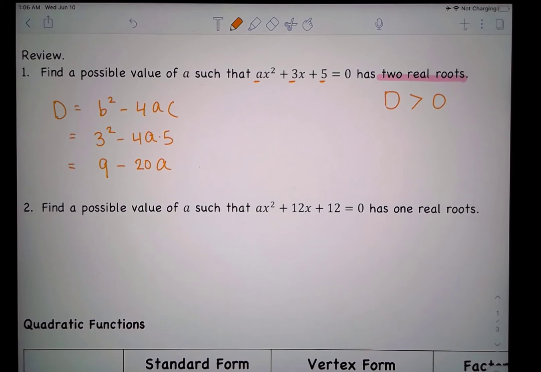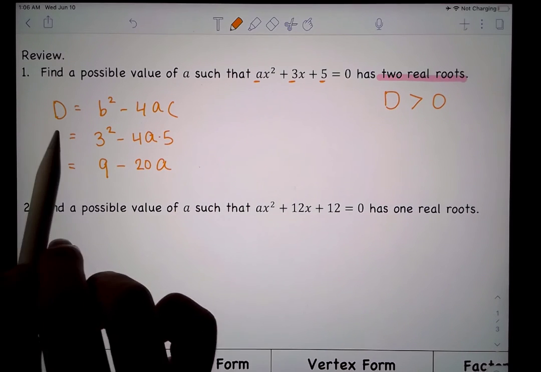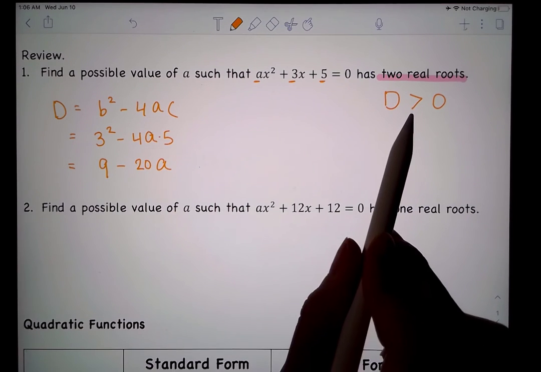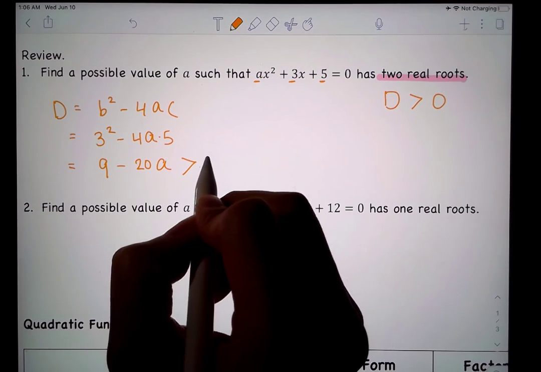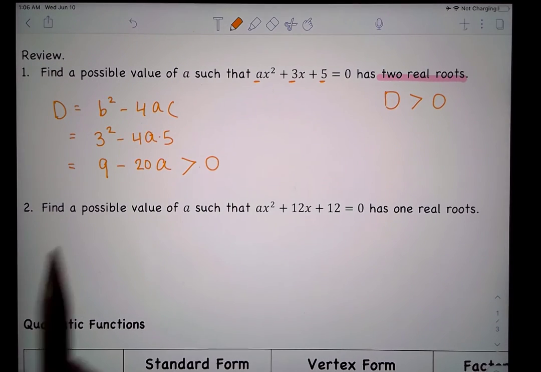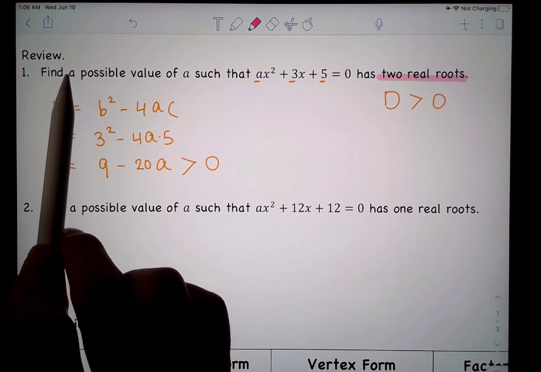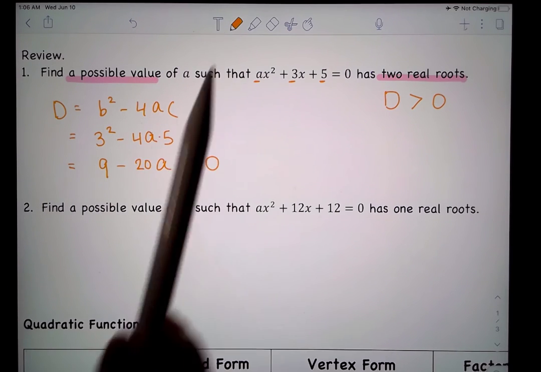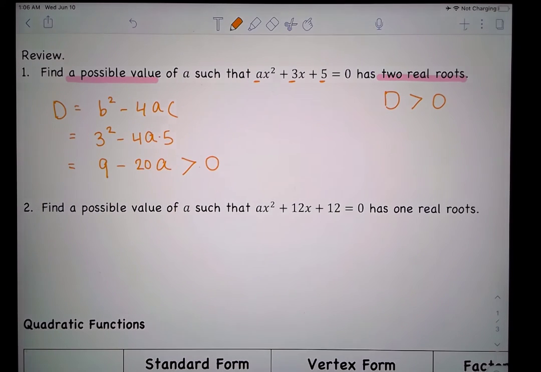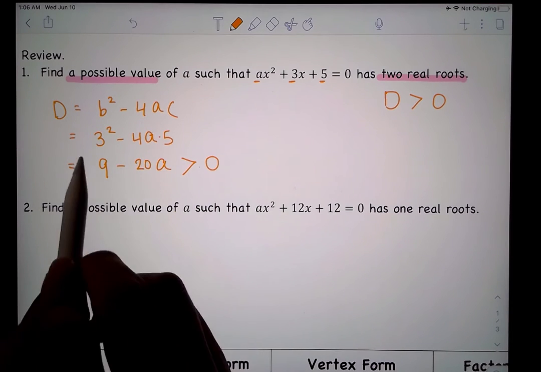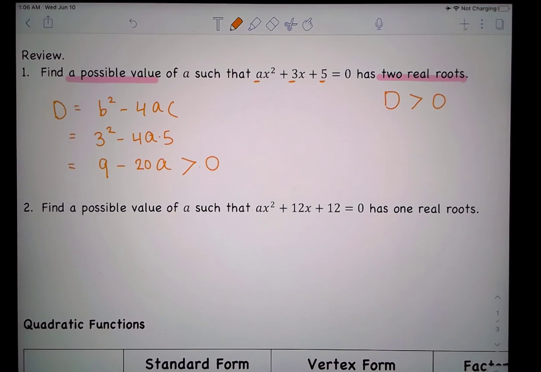And we want to make my discriminant positive. So I want to get a positive number. And what did it ask? Find a possible value, right? So you're just getting one possible value that makes your 9 minus 20a positive.